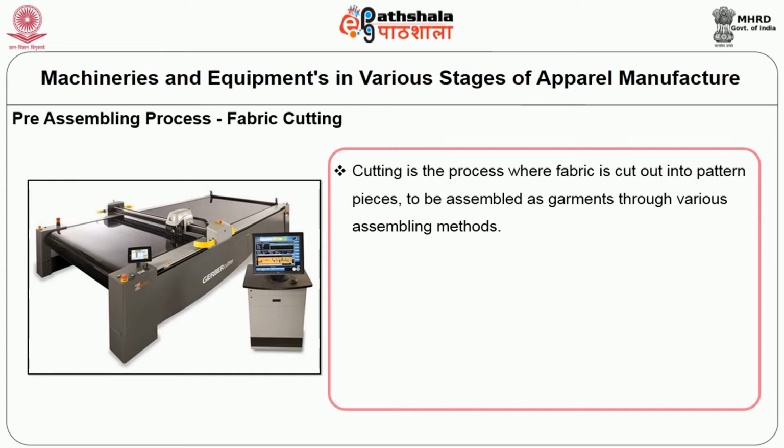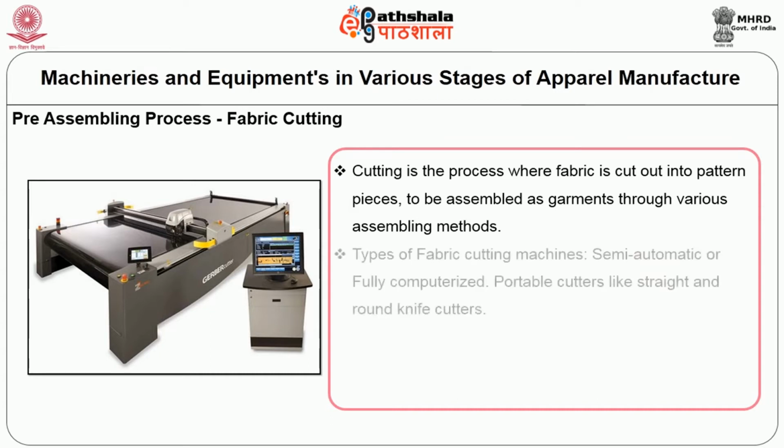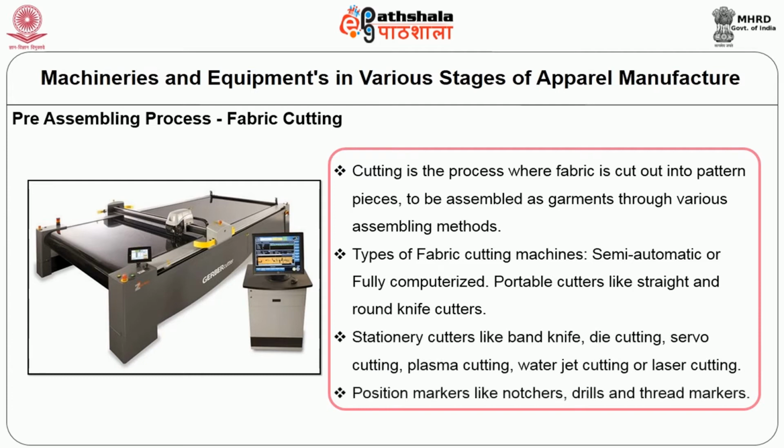They are either portable cutters, such as straight and round knife cutters, or stationary cutters like band knife, die cutting, servo cutting, plasma cutting, water jet cutting, or laser cutting. And then we also have position markers. These machines help us to mark notches, drills, and thread markers and all those things. So that's an example of a cutting machine.